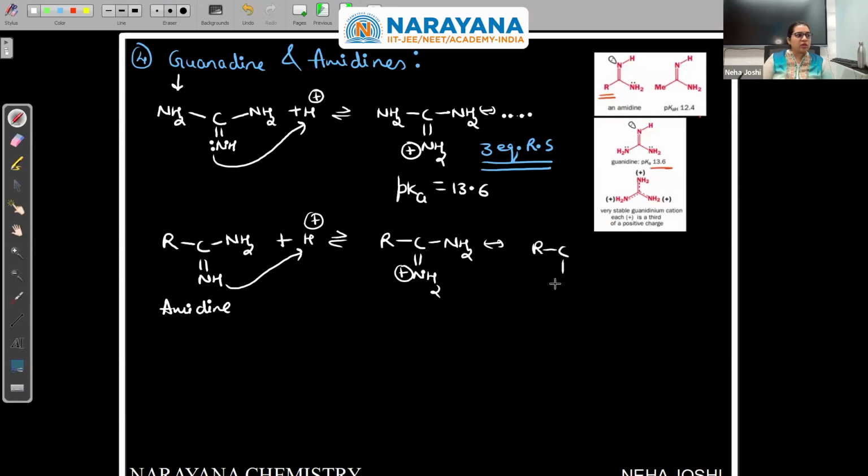Taking into resonance, RC NH2 double bond NH2 plus. So you will have 2 equivalent resonating structures. Of course, weaker resonance stabilized than guanidine. It has 3, this has 2. But see the pKa of this conjugate acid is 12.4.